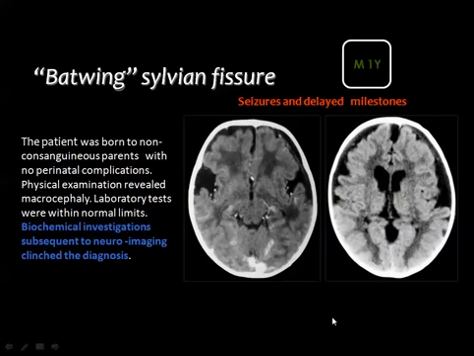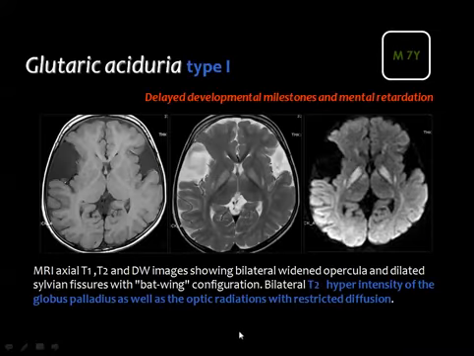Then this child with scissoring and delayed milestones showed the classic appearance of glutaric aciduria type 1, where there are frontal and temporal lobe atrophic changes and prominence of the sylvian fissures, and as it is written here, the biochemical investigations and subsequent neuroimaging clinched the diagnosis of glutaric aciduria.